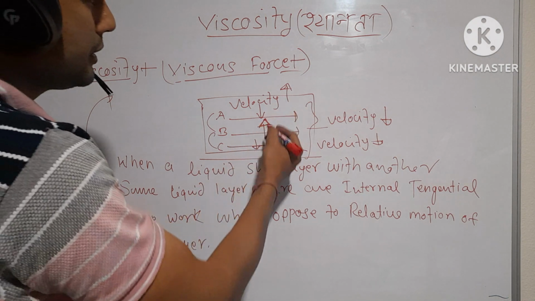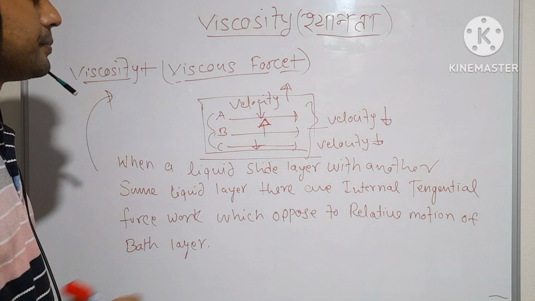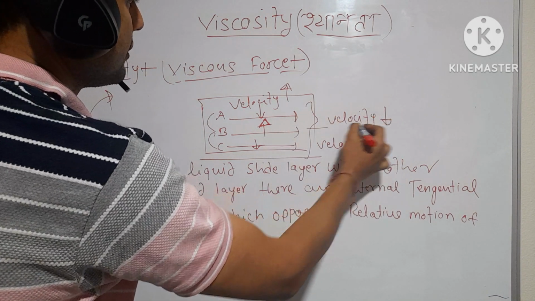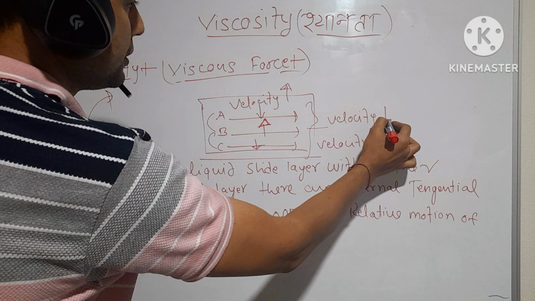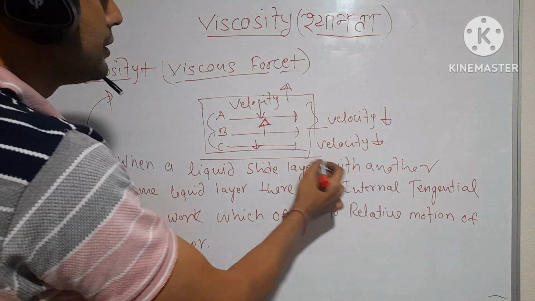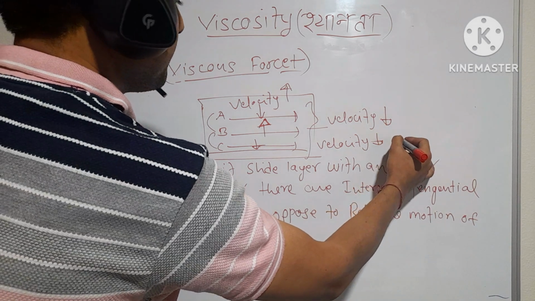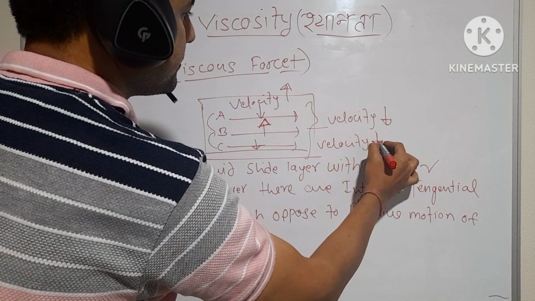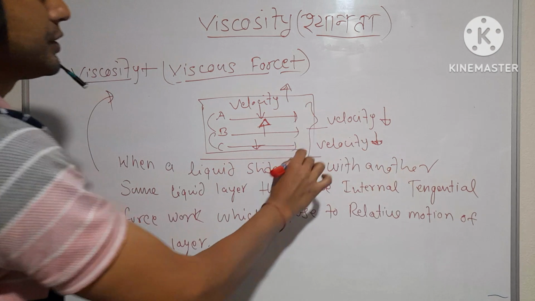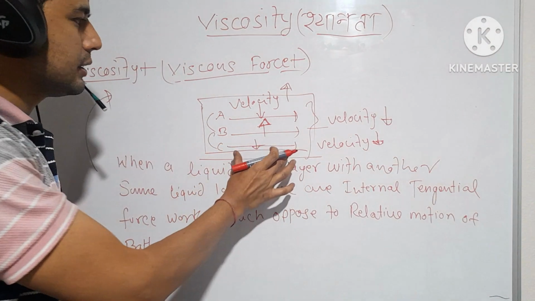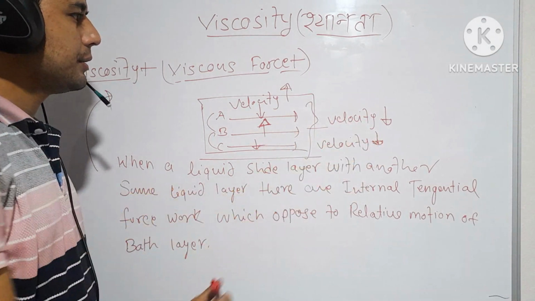This is the maximum velocity, this reduces, and this one in contact with the surface has the minimum velocity at the surface area of contact.